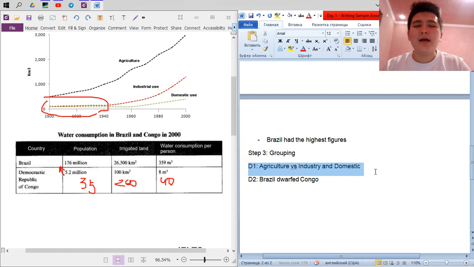This is going to be my logical reasoning behind each paragraph: there's going to be a central topic for each and every single detailed paragraph, even in task one. So when we write about Brazil and Congo, we need to bear this in mind: how Brazil dwarfed Congo in terms of its population, irrigated land, and water consumption per person. So that's how it's going to be.